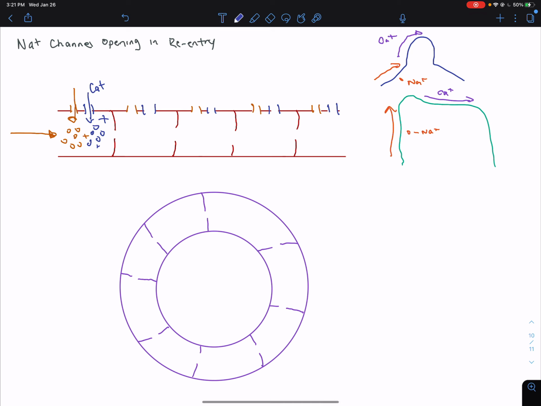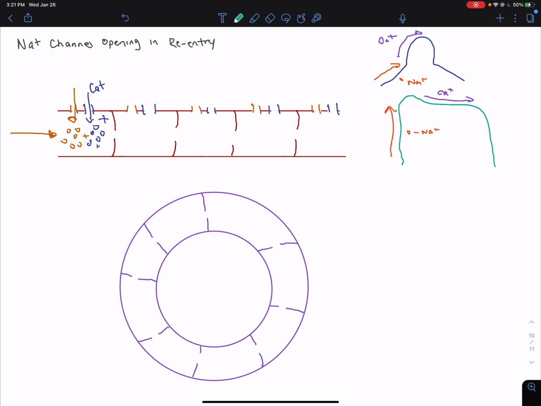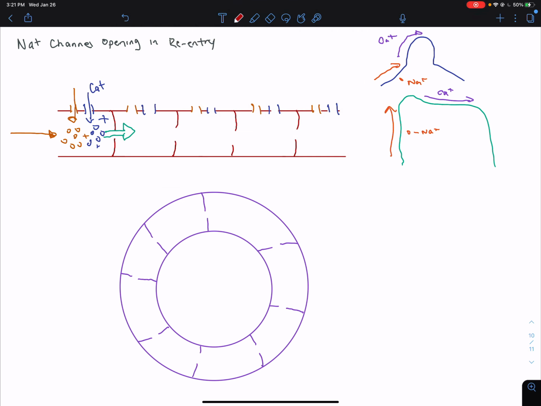That's depolarization. What happens in our conduction system, in our heart cells, is we have gap junctions that allow for these ions to then move to cells in front of it, or they move ahead in the cell, or we have those ions moving forward into other cells. And as this cell becomes more positive, it too opens its voltage-gated sodium and calcium channels.